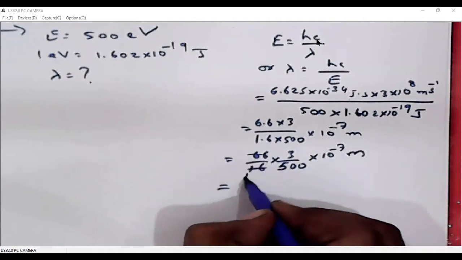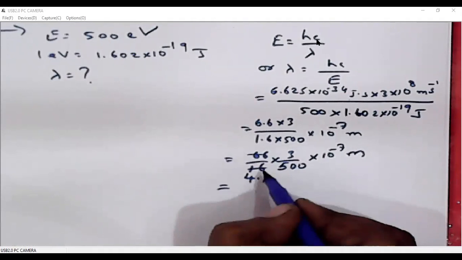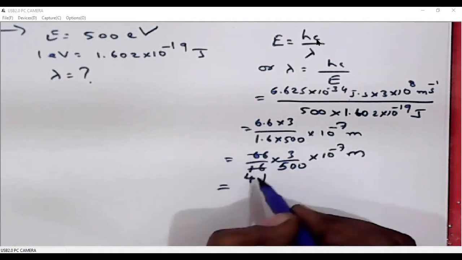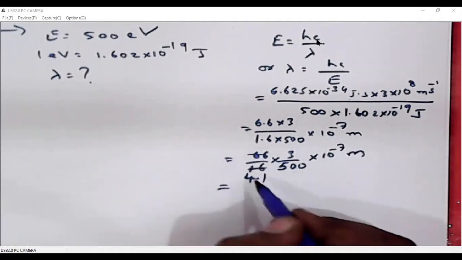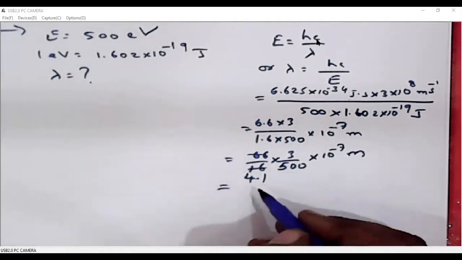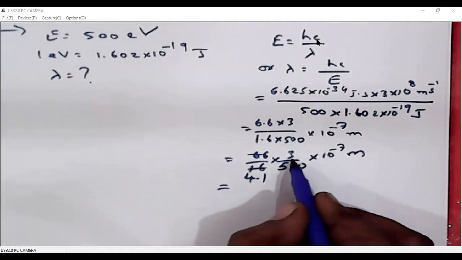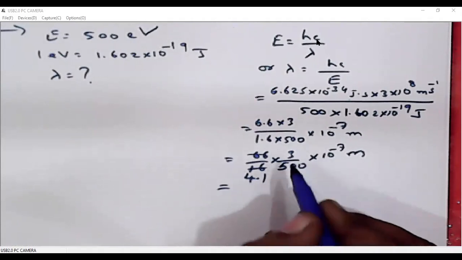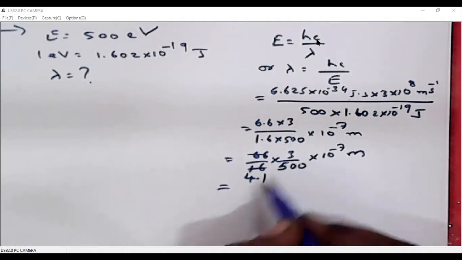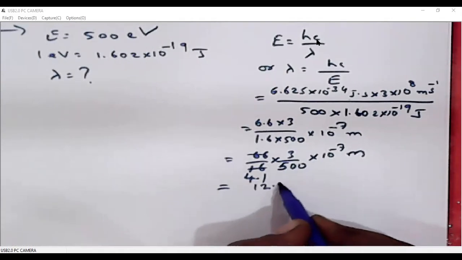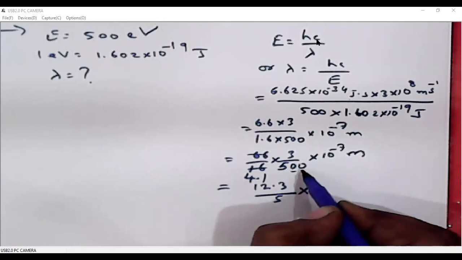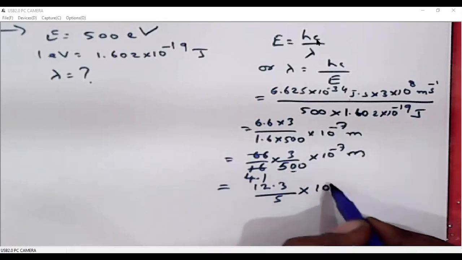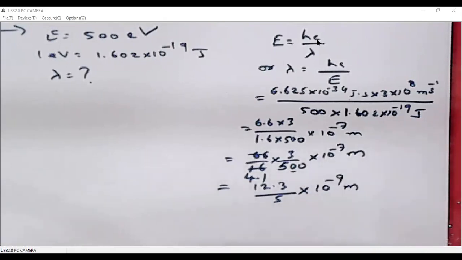It will come around 4.1. 16 fours are 64, so remaining 2. When we take point, it becomes 20. Now when we multiply it, 12.3 by 5 into 100, 10 power 2 can be made numerator, so it becomes 10 power minus 9 meters.